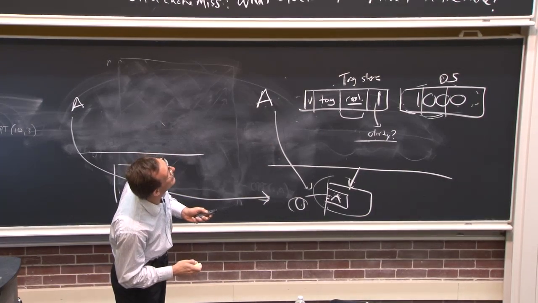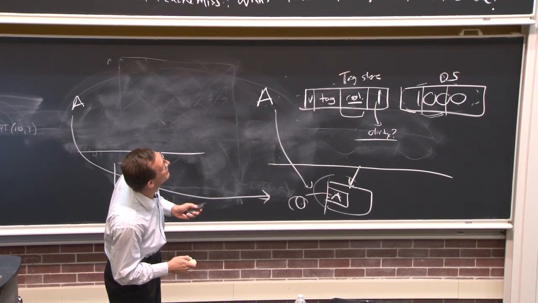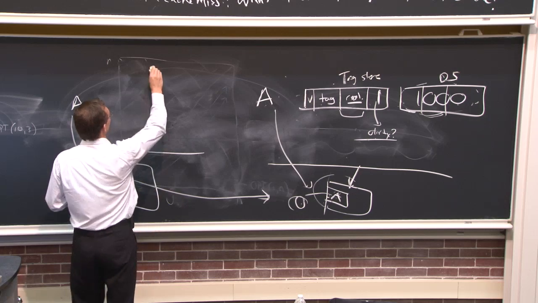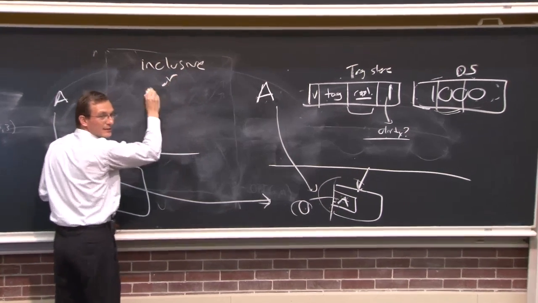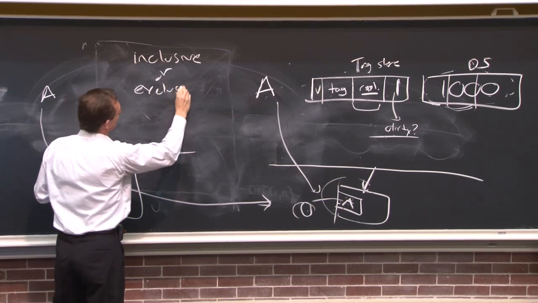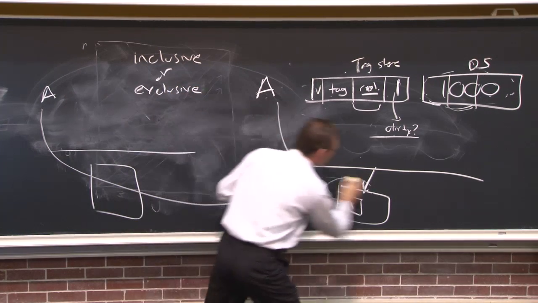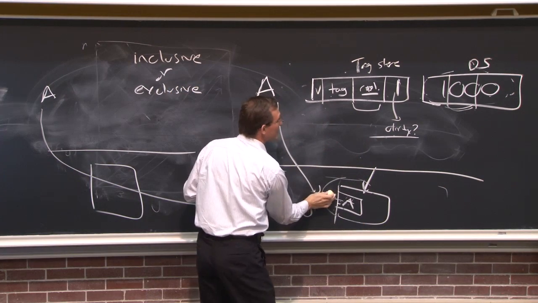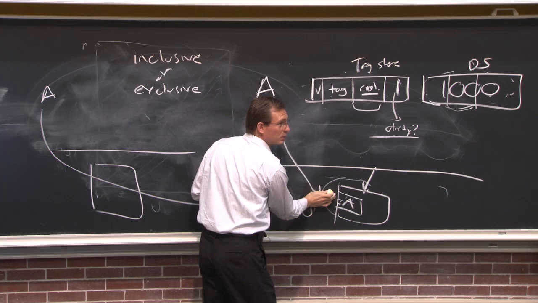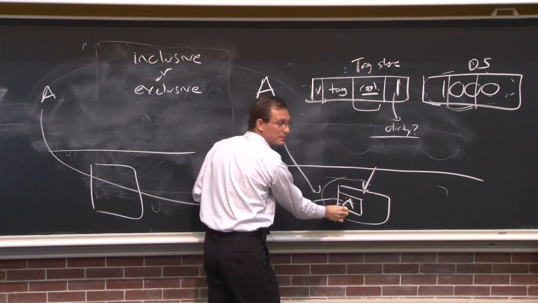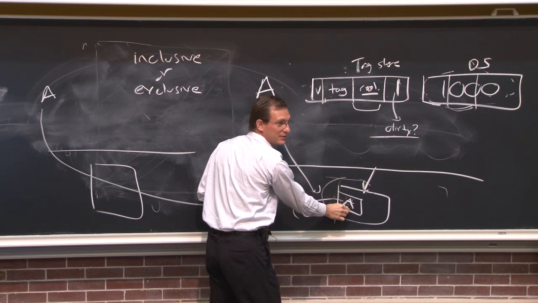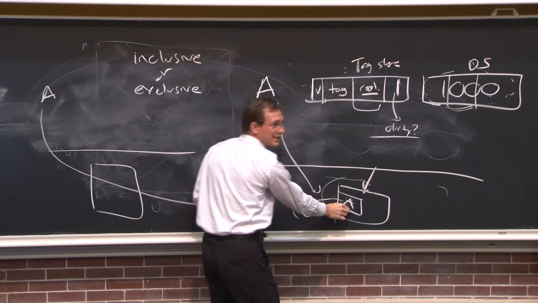Let's see if we have it. I guess I don't have it here. We'll cover it later on. But are your caches inclusive or exclusive? Inclusive means the higher levels of cache always contain the blocks that are at the lower levels. So if A is here, A must be at the higher levels also. That's inclusive caching.